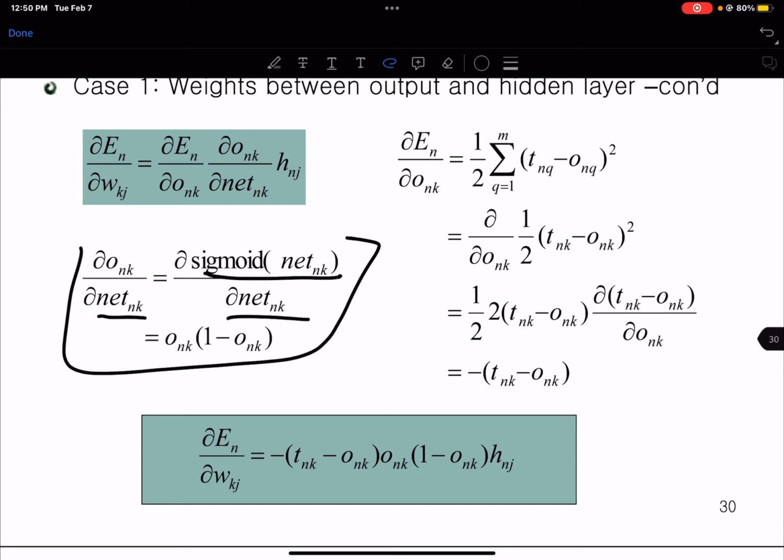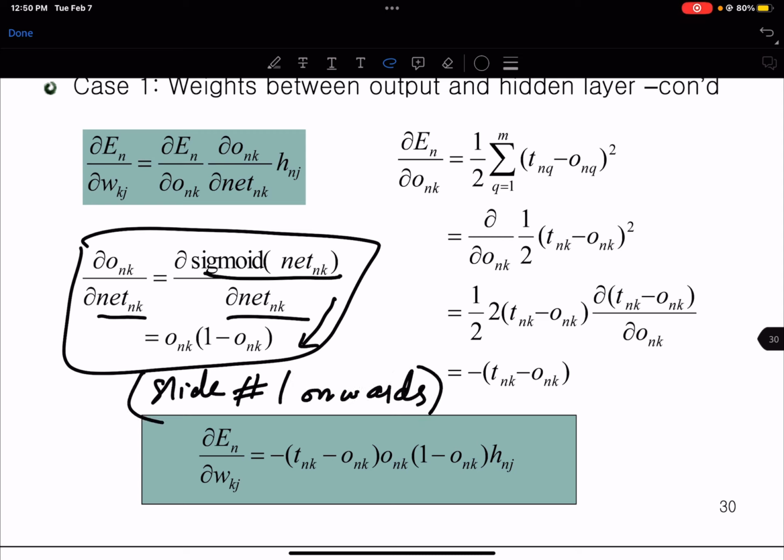And for this part, how we come up here, I recommend going to logistic regression and slide number 11 onwards. Revisit that part to understand how, when we take the derivative with respect to a nonlinear function transformation such as sigmoid, we can get onk times 1 minus onk, and over there we estimated h of x times 1 minus h of x, something like this.